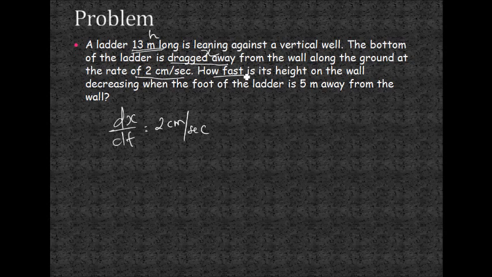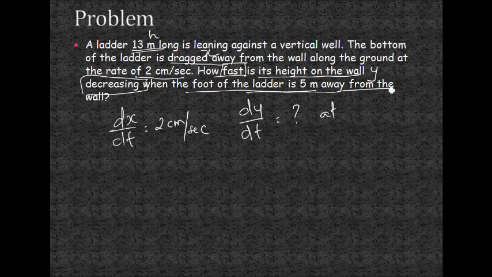How fast is its height on the wall, which is y, decreasing? You are supposed to find dy/dt when the foot of the ladder is 5 meters away from the wall, when x is equal to 5.